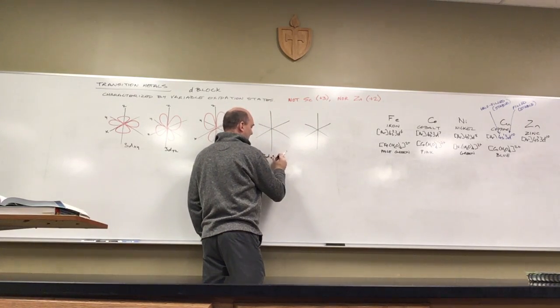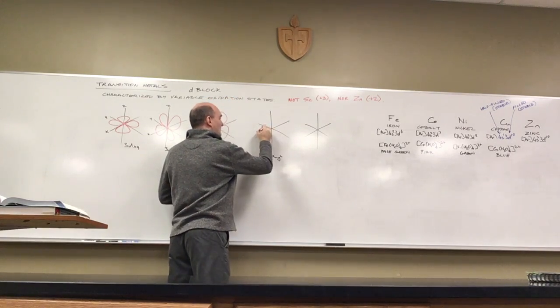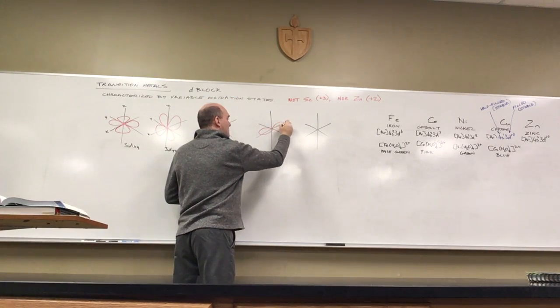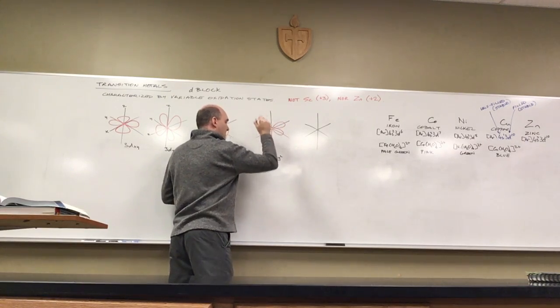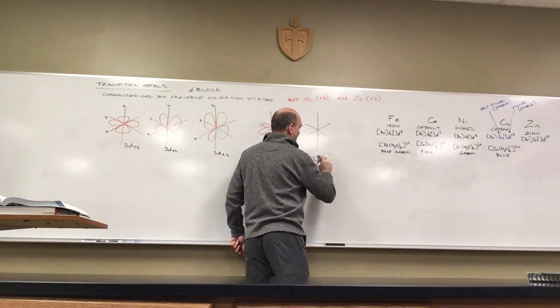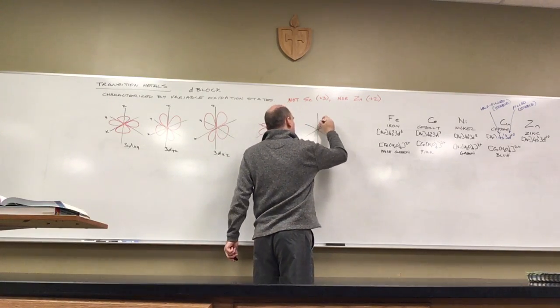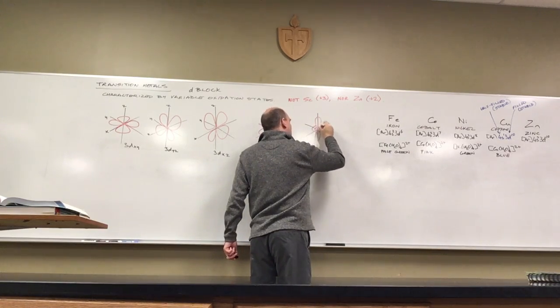Sorry, there's a minus. You're right. Z squared. Yeah, Z squared, with a little circle around it.